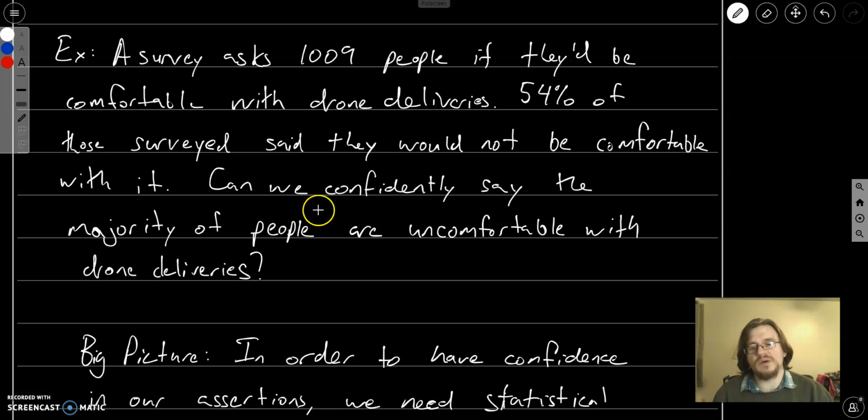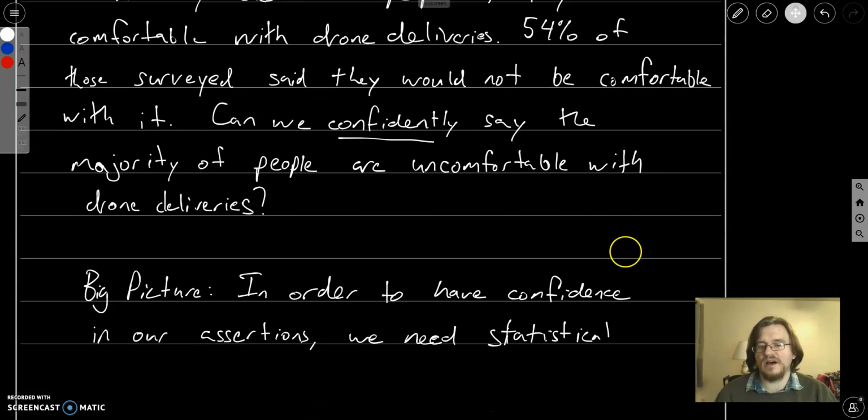So our question: can we confidently say that the majority of people, say, in the US, would be uncomfortable with drone deliveries? Well, we know out of these 1,009 people, 54% would not be comfortable. So it would be a reasonable guess that 54% of all Americans would be uncomfortable with this. But how confident are we?